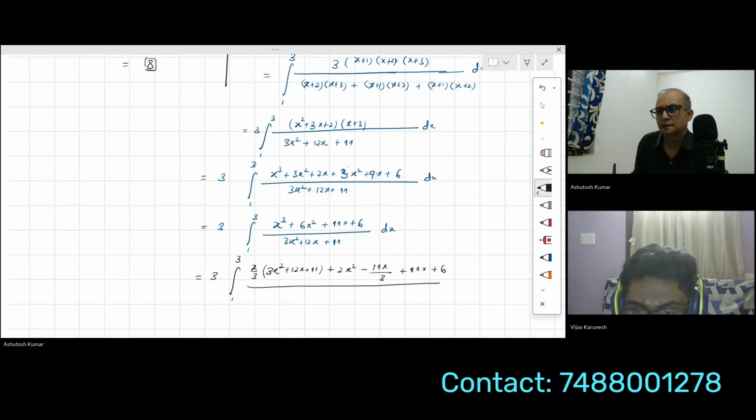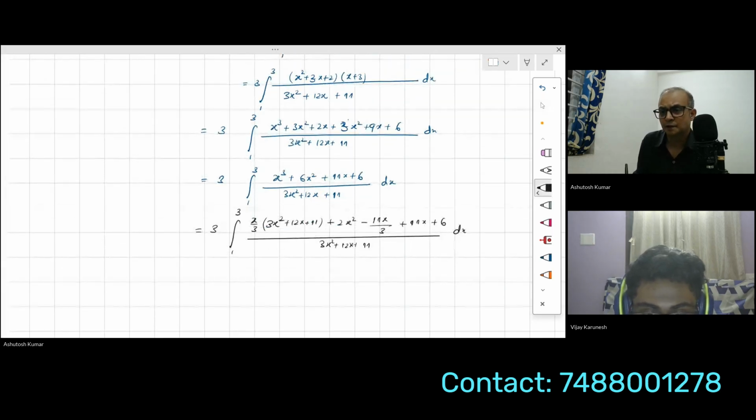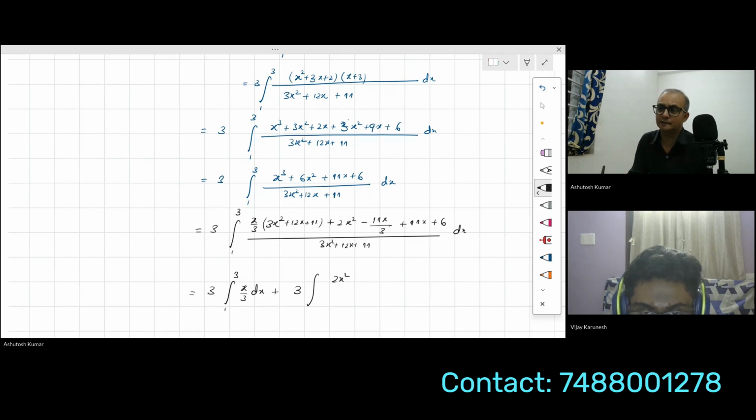This is not difficult actually. You could do it. So what did we get here? 1, 2, 3, and after simplification we get, by 3 dx, the first one. We can integrate, and 3 is there already, and this will become 2x squared, and 33 minus 11, 22x by 3, plus 6 divided by 3x squared plus 2x plus 11.